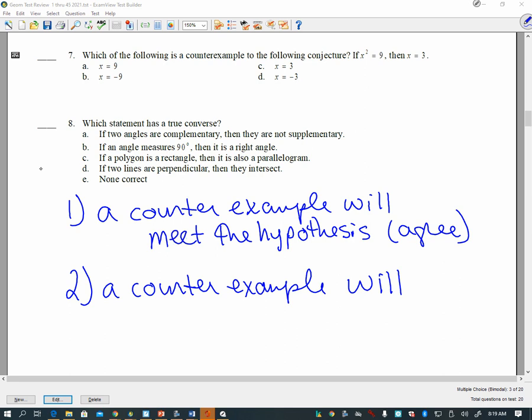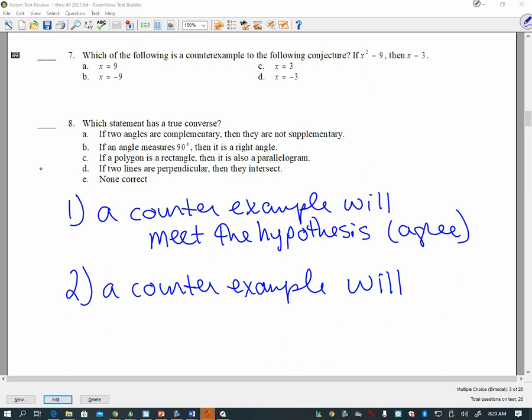Perfect. So name me a tree. Pine. A pine tree is a counterexample to the statement, if a plant is a tree, then it is an oak. Because first, a pine tree is what?